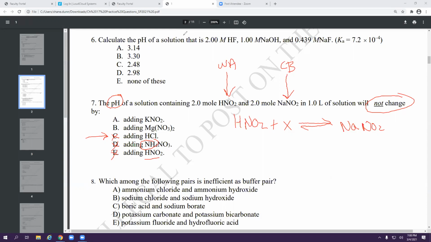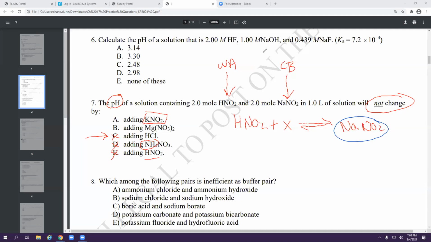Okay. Here's where it gets very, very interesting. Adding A will also change the acidity because KNO2 is just like what other conjugate base up here? The sodium. Let's not do yellow. Yellow's a bad color to see. Let's do blue. Just like the sodium, right? It's also a group 1 metal with a nitrite on it.